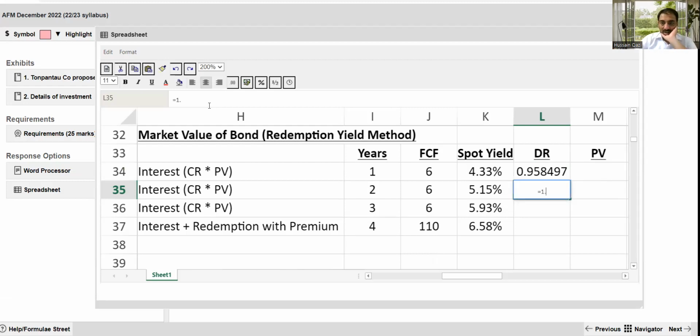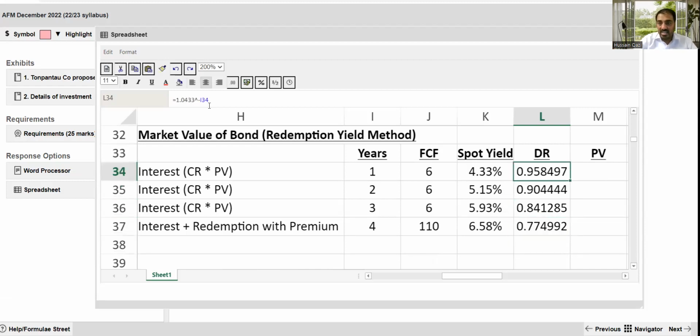Is equal to 1.0515 power minus 2, is equal to 1.0593 power minus 3, is equal to 1.0658 power minus 4.